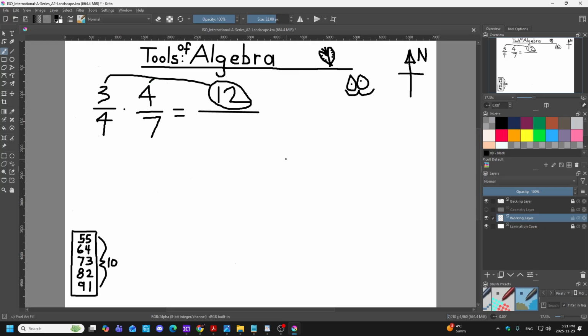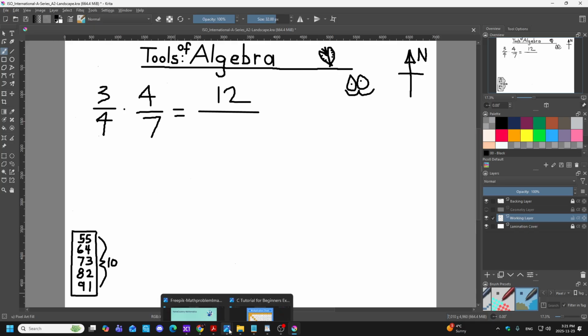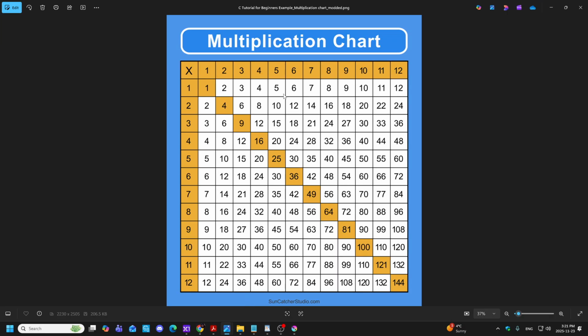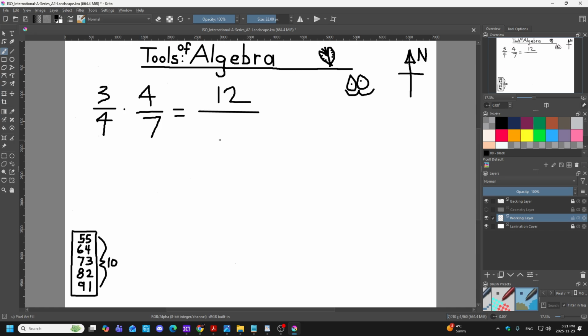That's really all we're doing. 3 times 4 is 12. Same concept, right? When we're reducing and such, it's going to help you grind your math problems quicker, okay?